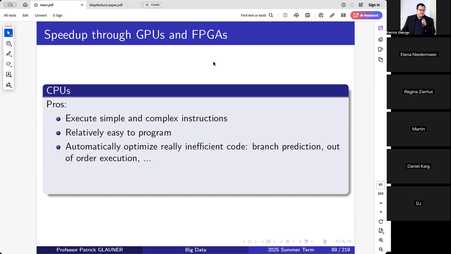If you take a look into the data sheet of modern CPUs, it's probably hundreds of pages long, all the instruction set. And the good thing is, if you write code for a CPU, it's usually quite easy to code. You don't need to use assembly language. You can if you wish, but you can also use C or C++, Java, whatever. But let's maybe leave out Java and Python because there's an interpreter in between. So we take compiled languages like C or C++.